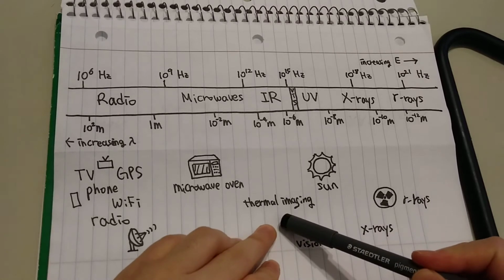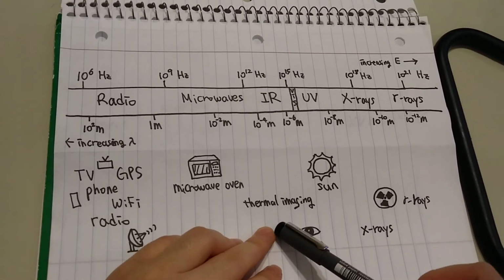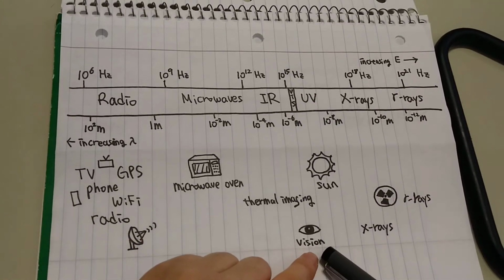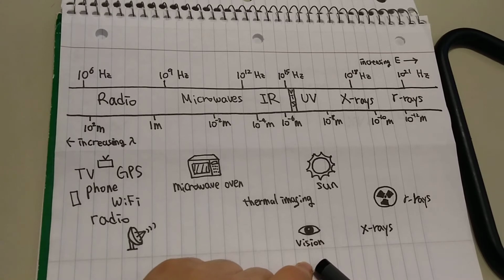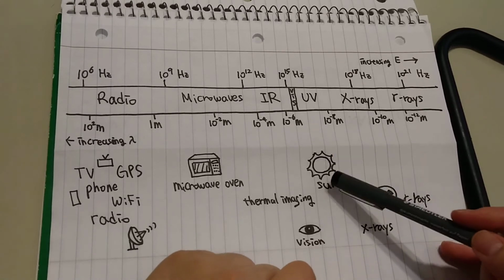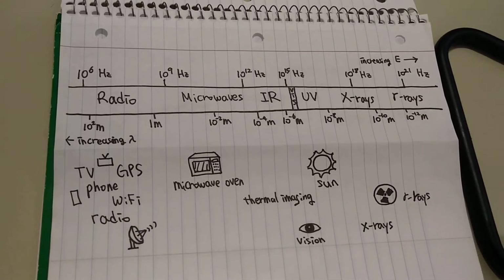And in IR, we usually do thermal imaging, and visible is basically vision. So you can see rainbow in nature. And UV light, you can think about the sun. From the sun, we get burned, so we need to put on sunscreen to protect ourselves from UV light.